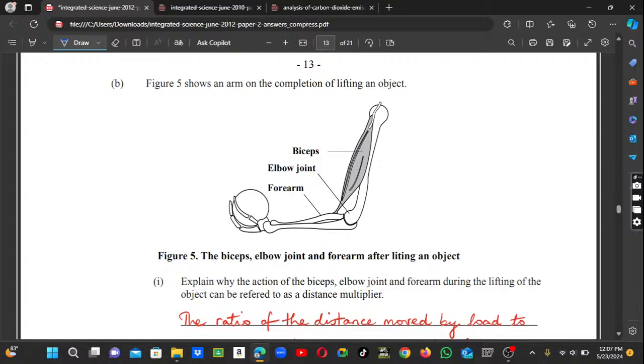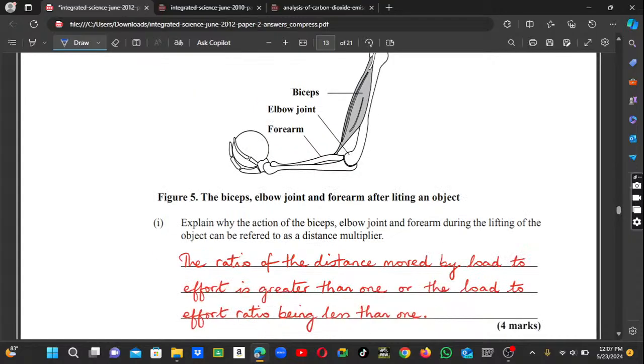As I mentioned, this is explained as a simple machine. It says you need to explain how the action of the bicep, elbow joint, and forearm during the lifting of objects can be referred to as a distance multiplier. We see that it is the ratio of the distance moved by the load to the effort, right?